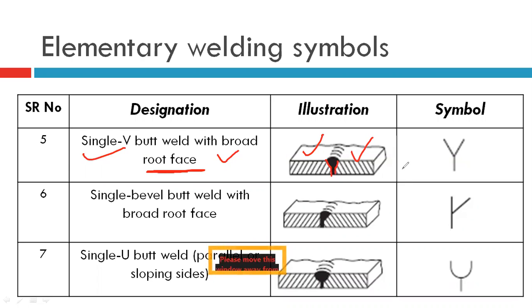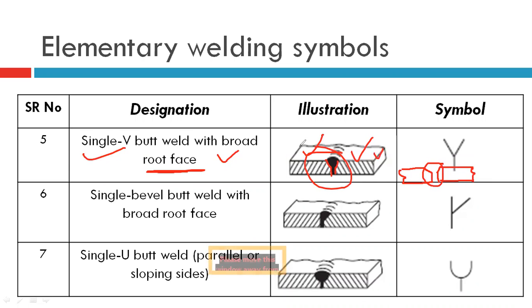It means that the plate should be like this. First plate and the second plate should be like this. I'm just trying to draw the front view of two plates. This one. And here itself the welding takes place as shown here itself.